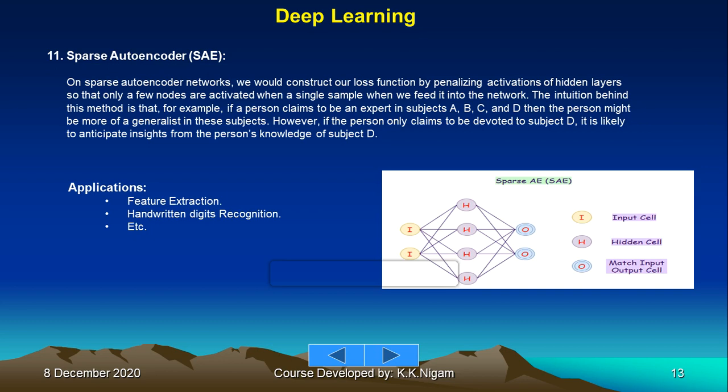The intuition behind this method is that, for example, if a person claims to be an expert in subjects A, B, C and D, then the person might be more of a generalist in these subjects. However, if the person only claims to be devoted to subject D, it is likely to anticipate insights from the person's knowledge of subject D. Now, applications for this are feature extraction, handwritten digit recognition, etc.